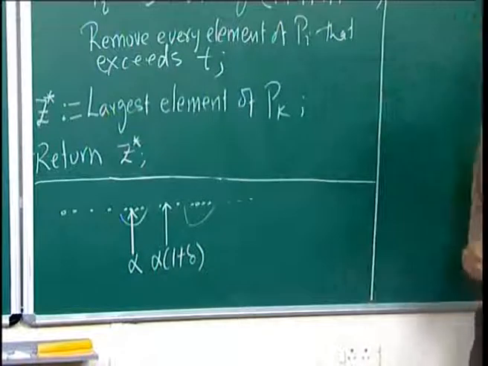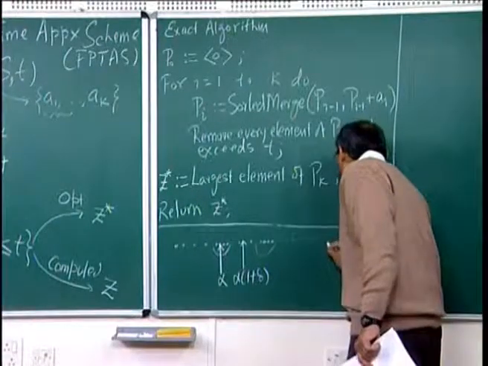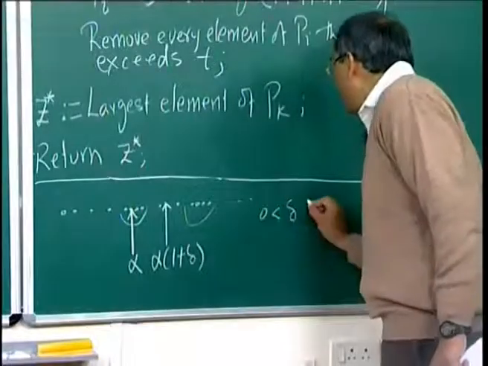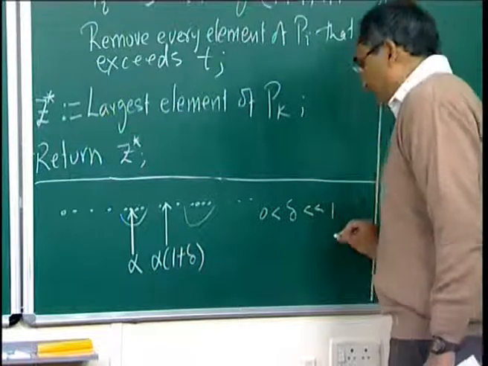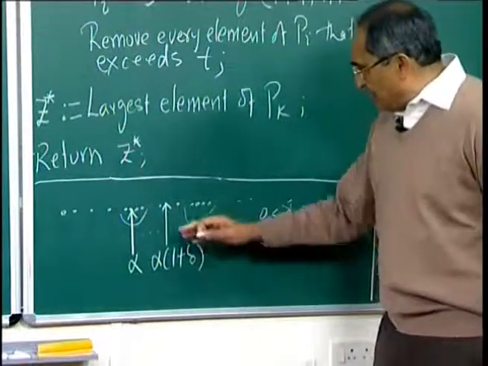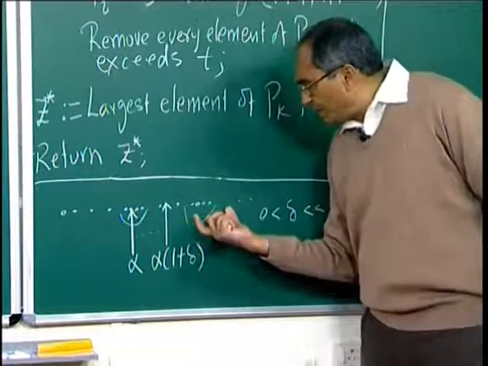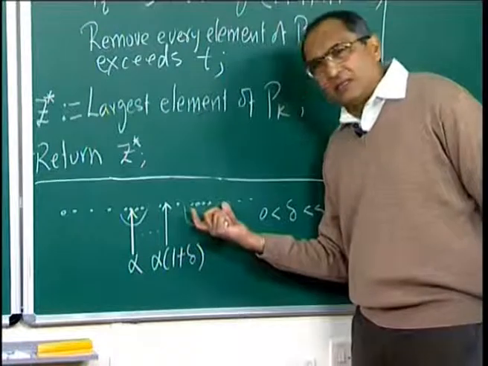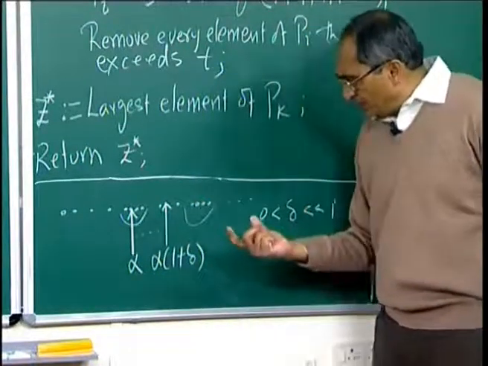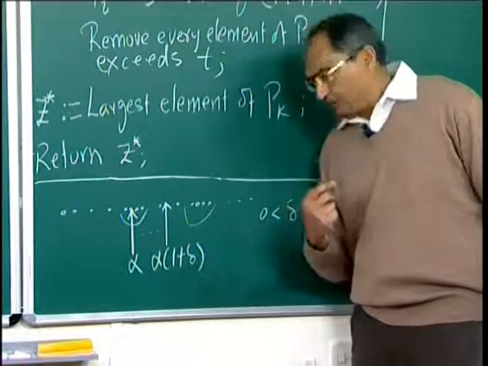Now, here delta will be chosen suitably, later on we will see how to choose it, but it is a number which is positive and much smaller than 1. So, we will not keep anything in between here. As a result, what will happen is that the ratio of jth number and j minus first number will be greater than or equal to 1 plus delta.